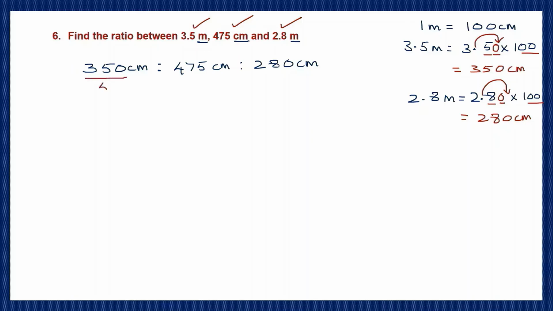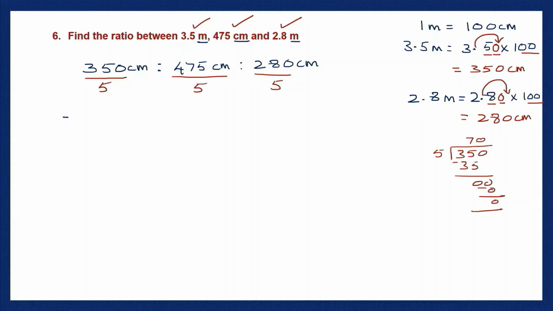So let's divide each one by 5. So 350 divided by 5. Let's work it out here. 35, we have 5 sevens are 35. Minus, I take the 0 up and my answer is 70.